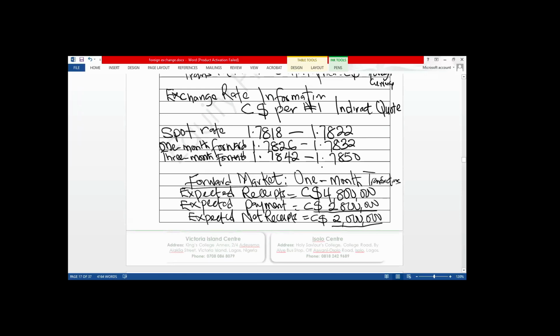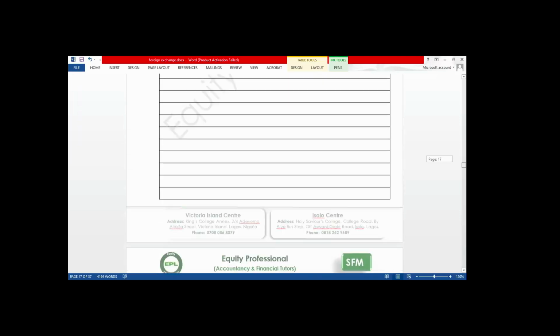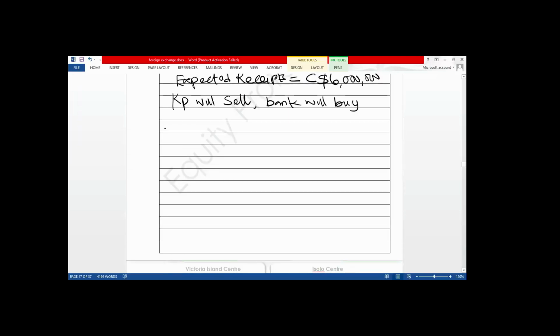The higher rate is 1.7850. Bank will buy at the higher rate, 1.7850. You now come here and say, applicable three-month forward rate is 1.7850.